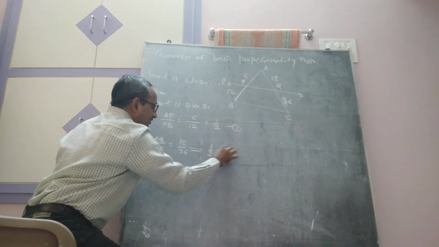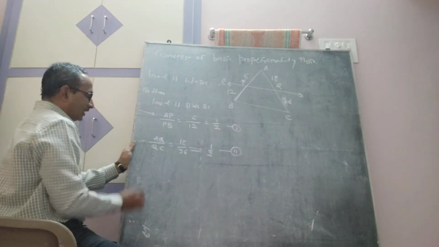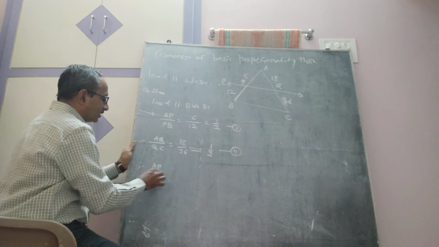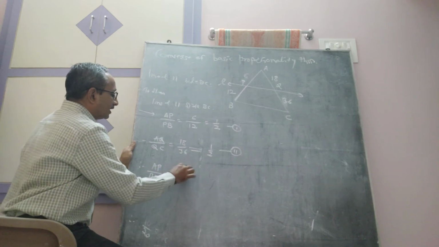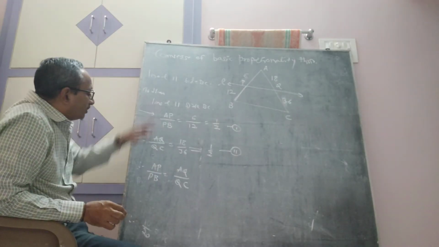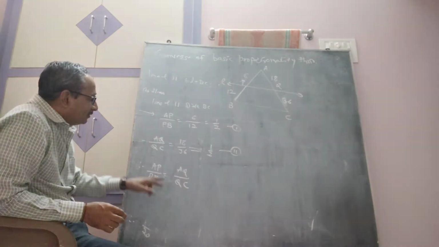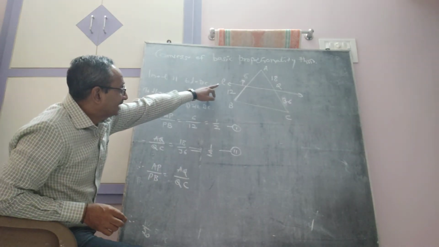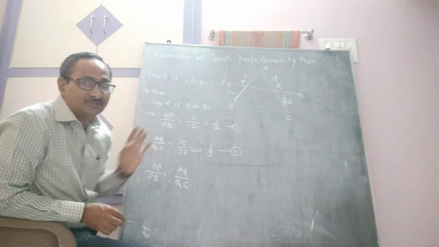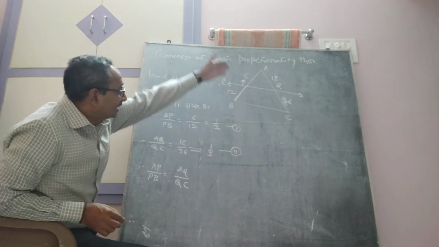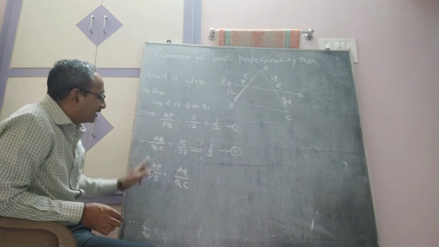Let's call these first and second. From 1 and 2 we can write AP upon PB is equal to AQ upon QC. So by converse of BPT, we can say L is parallel to BC, because line L divides the two sides in the same proportion.